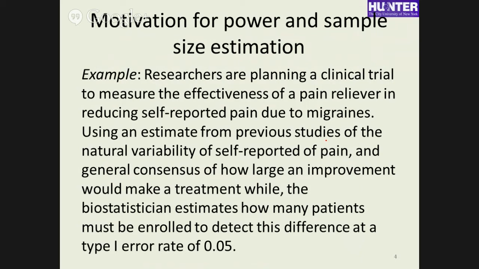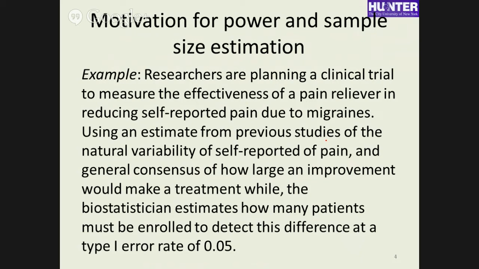If there is some risk involved, you might unnecessarily put people at risk by going with too large a sample size. And in pretty well any case, having a larger sample size when you're collecting data costs something. So you want a sample size that's large enough, but you don't want to go overboard.